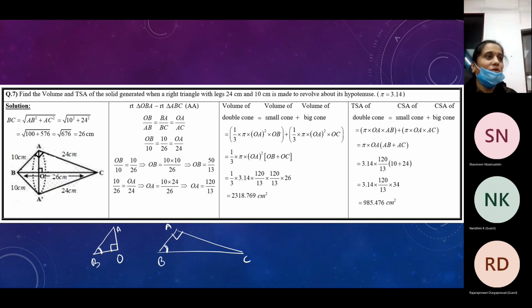Yeah, so you can take one small triangle ABO and the whole triangle ABC. You can also take the other triangle. Which is the other triangle, Ram? Louder?